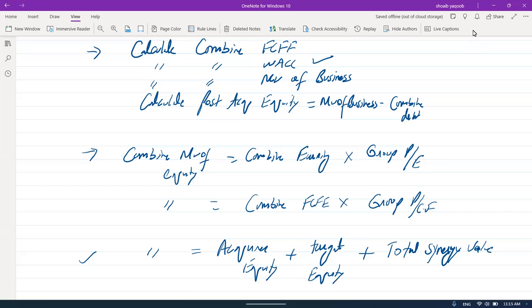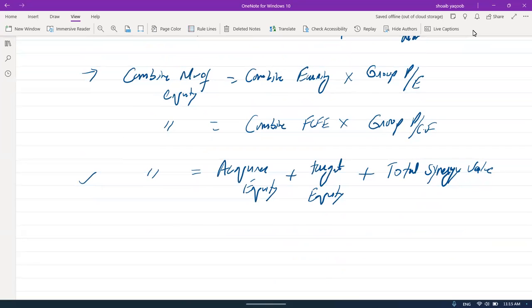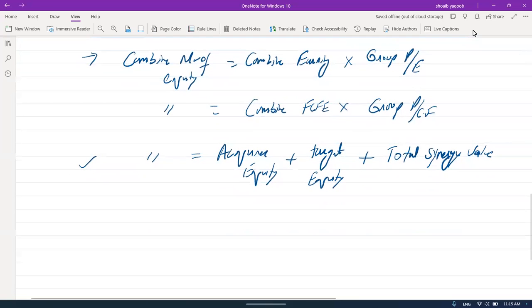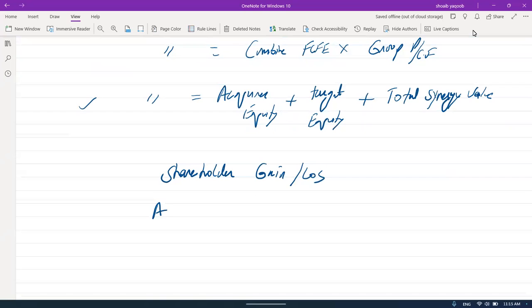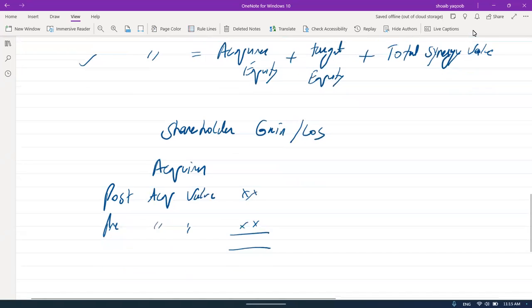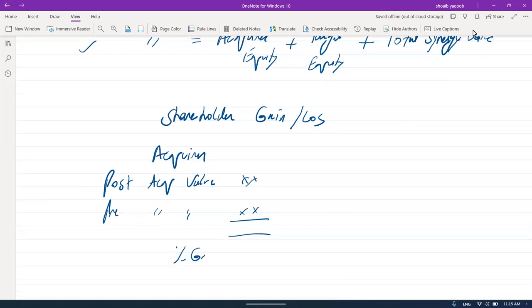And if you're able to calculate the combined market value, then you calculate the shareholder gain and loss. Either you can use the table approach, or if you do not want to use the table approach, simply calculate for the acquirer: compare the post-acquisition value with the pre-acquisition value, and then calculate the percentage gain.